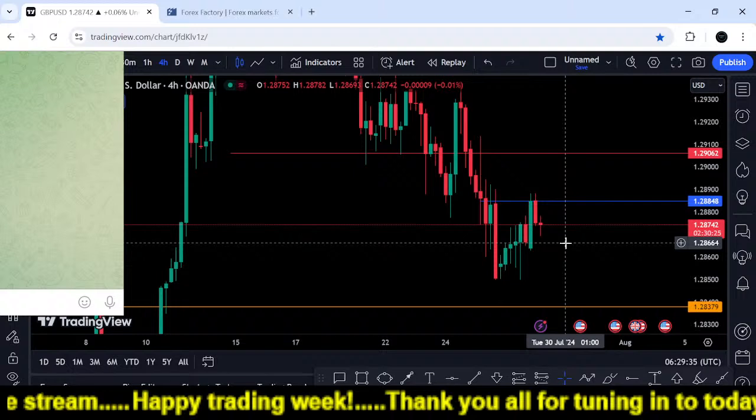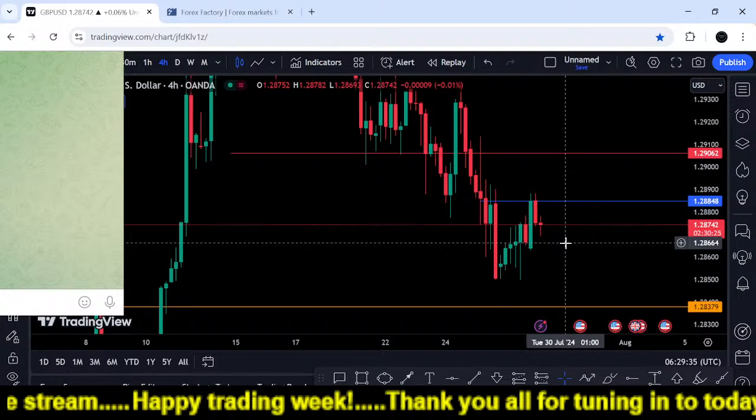I was assuming during the session there would be a move, but I couldn't see any move during that time. Should we still wait till the session opens around 12?